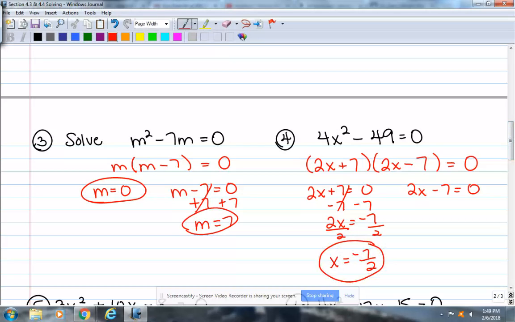It's okay. That's going to happen today. On the second one, I do the same thing, except I add 7. Divide by 2. And this time, x equals positive 7 over 2. So when you have a difference of squares, your solutions should be a pair of opposites. Opposite means one a positive, one a negative. Okay?